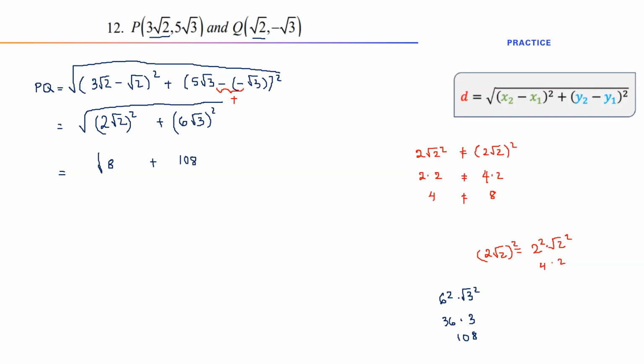And don't forget, it's under the square root. Now that will be 116. We have seen that before, we can break it down: square root of 4 times square root of 29. So that is 2 square root of 29.